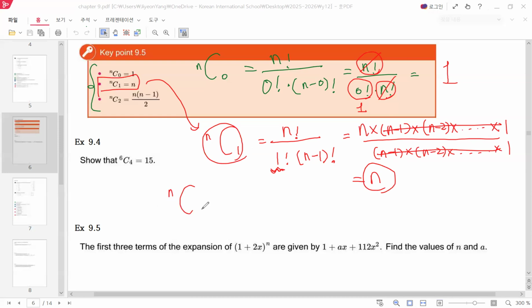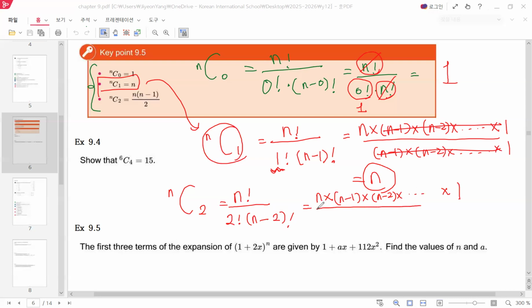Okay, n combination 2 equals n factorial. And then students, what's the number here? 2 factorial, thank you. And then n minus 2 factorial. Again, n factorial means n times n minus 1 times n minus 2 times dot dot dot until it reaches 1, right?